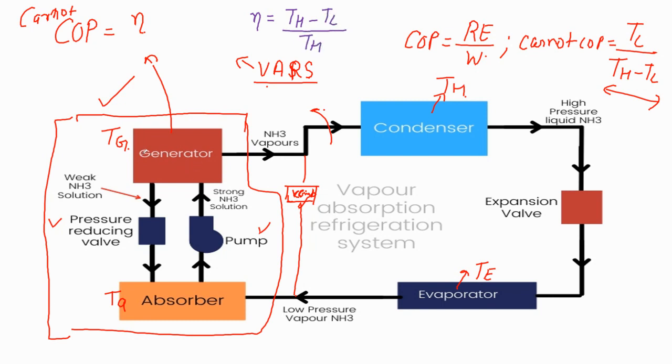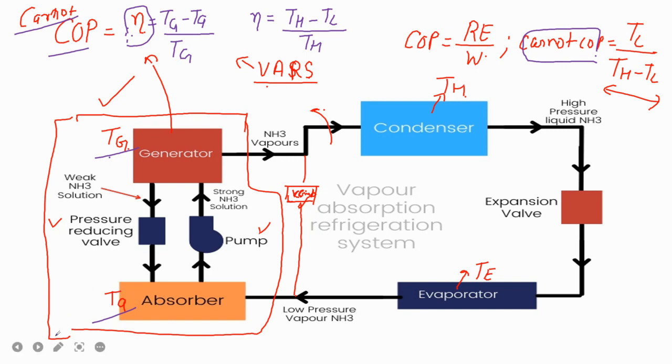Here the higher temperature is Tg and the lower temperature is Ta. So the efficiency of this system is equal to Tg minus Ta divided by Tg. The overall COP of this system is the product of this efficiency and the Carnot COP.